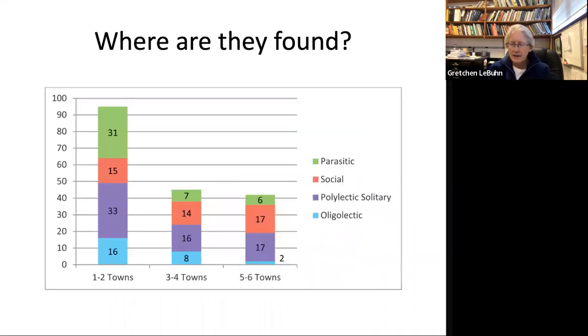And another interesting thing about these bees is that they tend not to be found all in the same area. So when these guys sampled out on the vineyard, they looked at how commonly they found them around 1 or 2 towns, around 3 or 4 towns, around 5 or 6 towns.